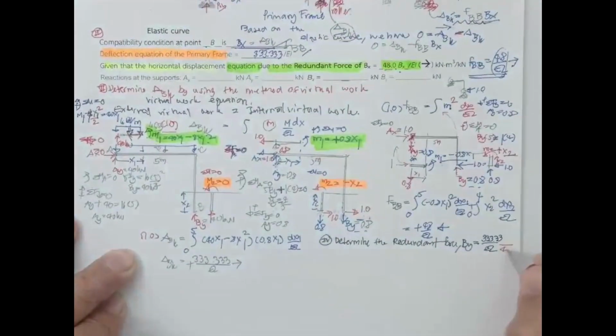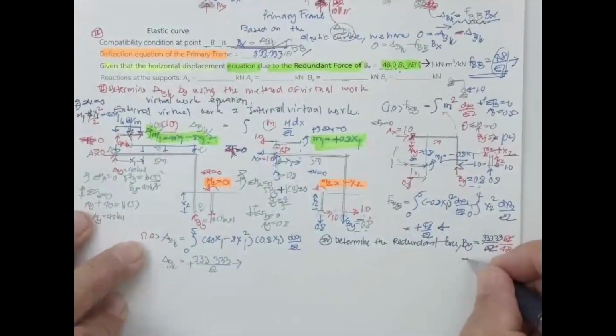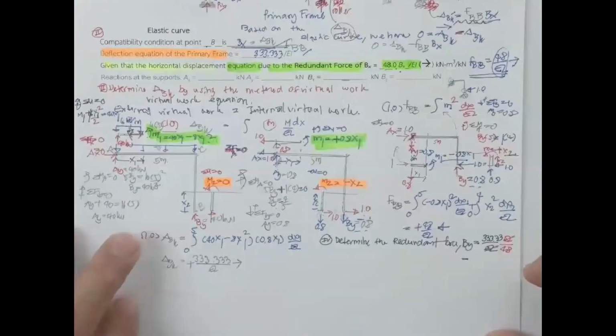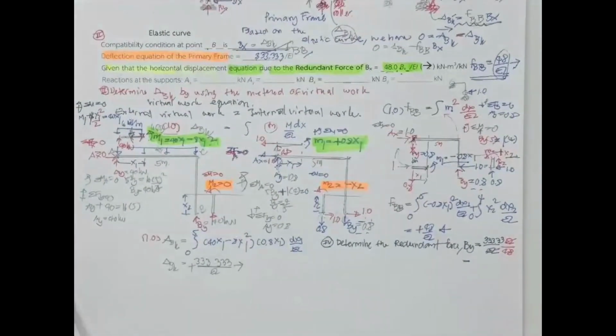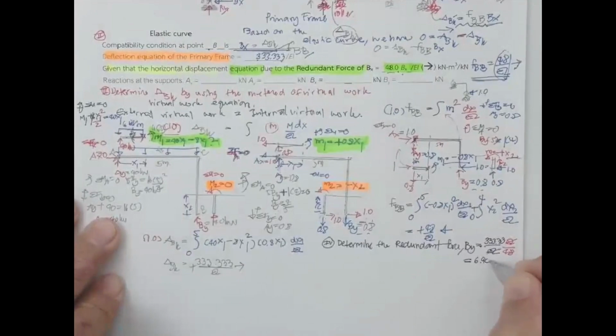That's going to be 48 over EI. You got to get B sub y. I get this one to be 6.94. Let's check. That's going to be 6.94 kilonewton.